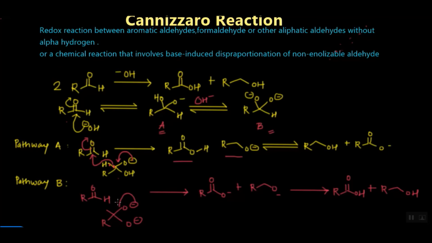The same formal negative charge on oxygen will get reversed to form a pi bond, and the hydride will be attacking the carbonyl, so that the pi electron density between this carbonyl carbon and oxygen will be shifting towards oxygen, so that we get carboxylate and alkoxide, which after acidic workup will give us these 2 compounds, that is carboxylic acid and an alcohol.